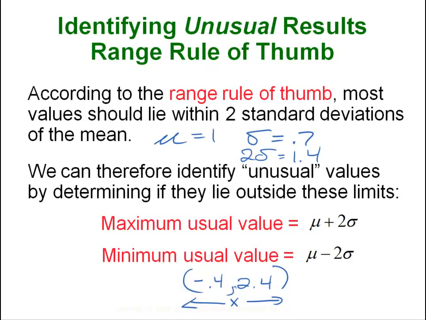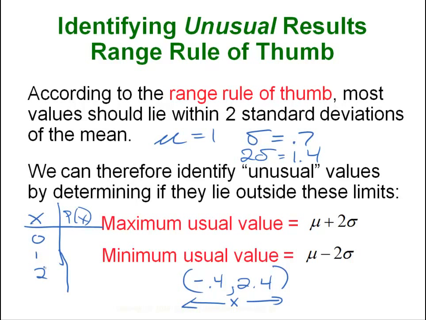Well, what were the actual possible values for x? If you don't remember, I'll remind you that x was the number of girls you could have when you have 2 kids, and it's either 0, 1, or 2. So no duh, something smaller than negative 0.4 would be unusual, because how can you have negative children? And something bigger than 2.4 would also be quite unusual, since the maximum was 2.